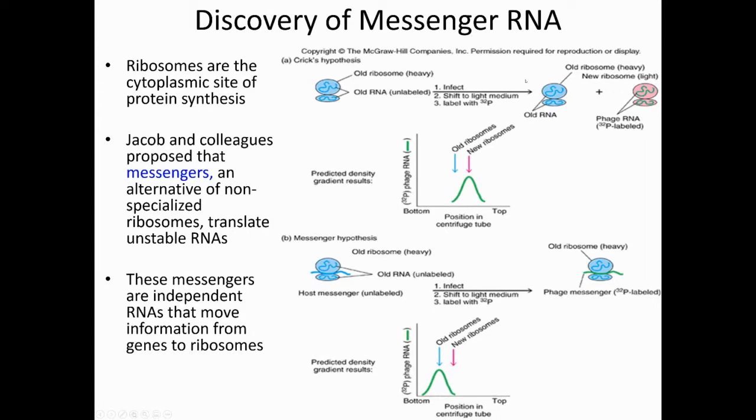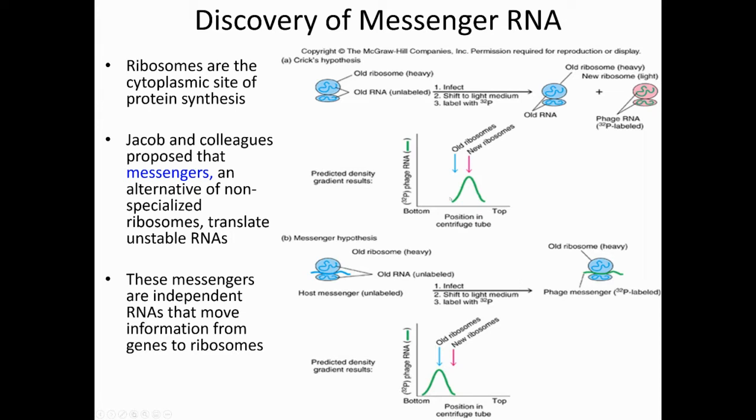Because originally you used a heavy isotope for the bacteria to grow, and then you switch, right? And then you have this regular phage to infect the cell and grow in the regular media. And then if you have the new ribosome and the new RNA, then they will be different from the old one, all right?